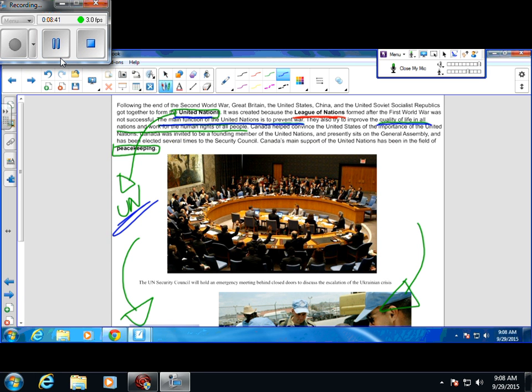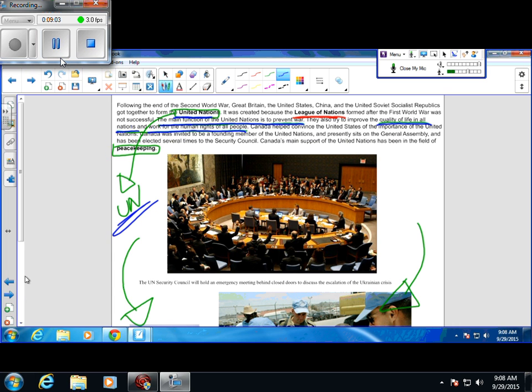Some nations are lacking in resources and economy, so they want to improve the quality of life in those nations as well. They also want to work towards human rights for all people, so that everyone is equal and treated fairly, without discrimination.